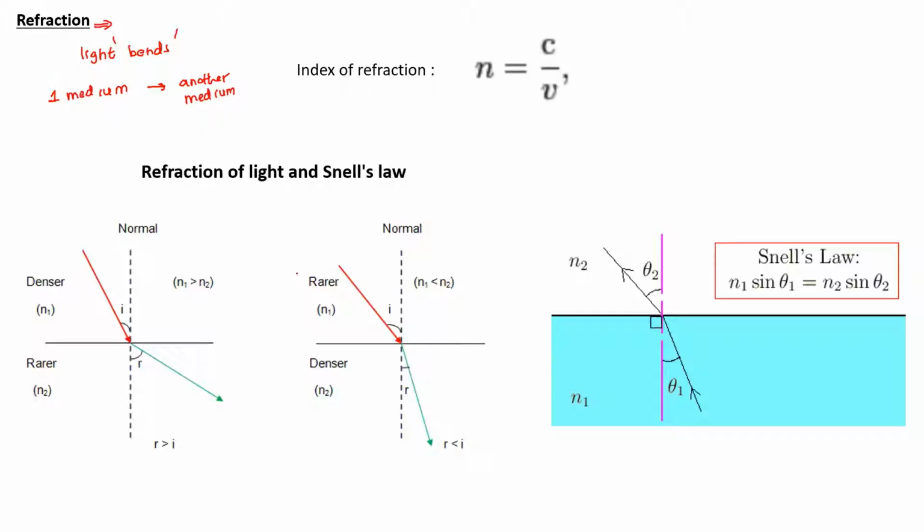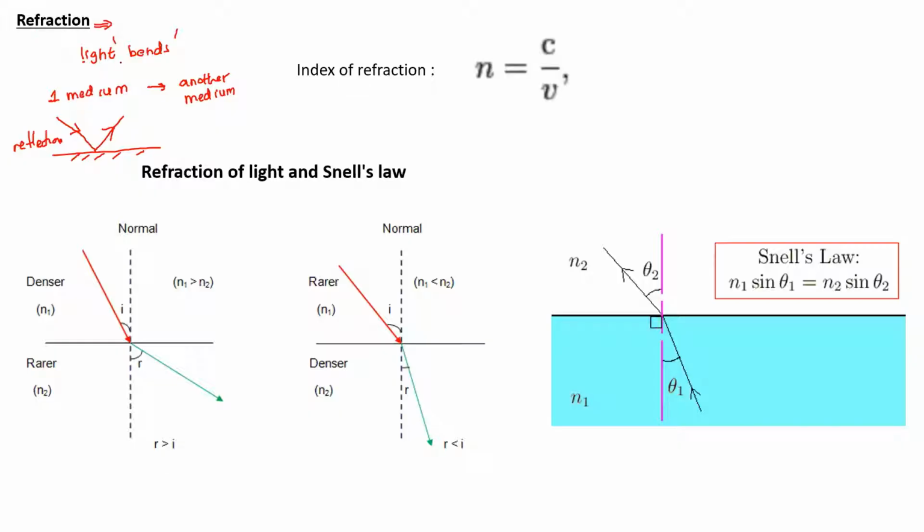If you remember reflection, in reflection light was bounced back into the same medium, right? In reflection, light did not travel from one medium to another. But in refraction, light goes from one medium to another, and when it does, it bends or deviates from its original path, and that is called refraction.